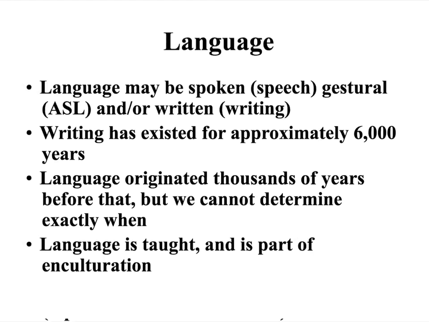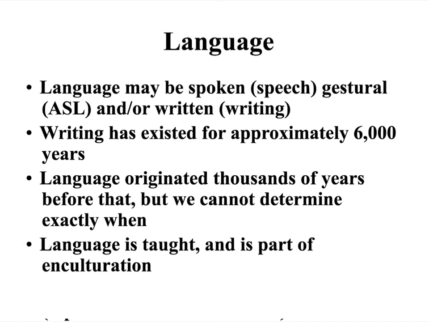Writing is a relatively new human invention, a new human technology, and has only existed in the form we have now for about 6,000 years. Spoken language originated thousands of years before that, but we cannot determine exactly when the first Homo sapiens started to speak.